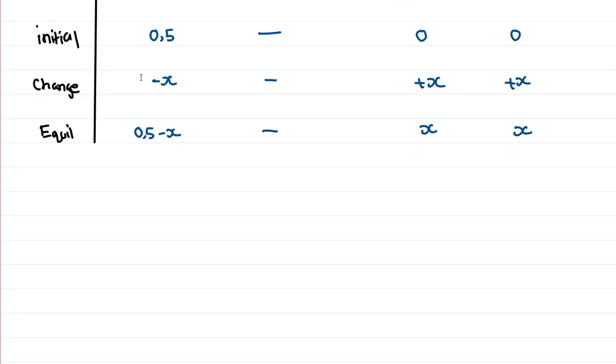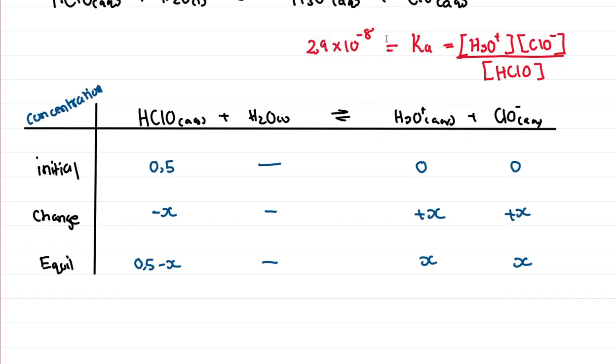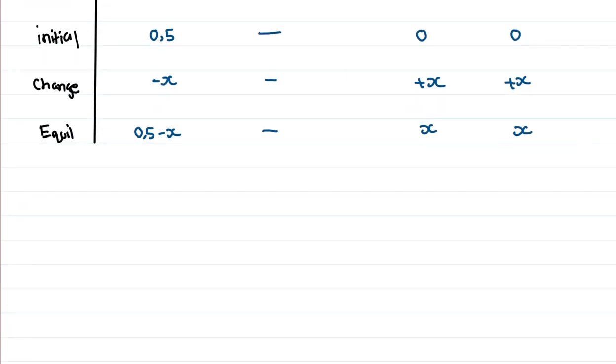Now we're going to find out what x is using that Ka expression. So we're going to say Ka is equal to the product of those products.